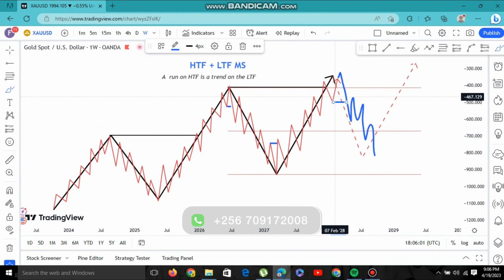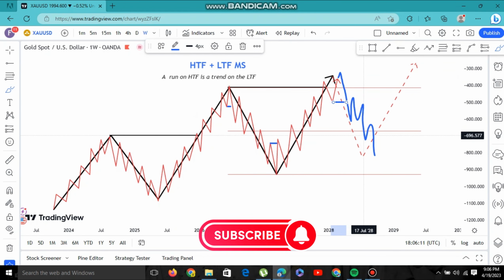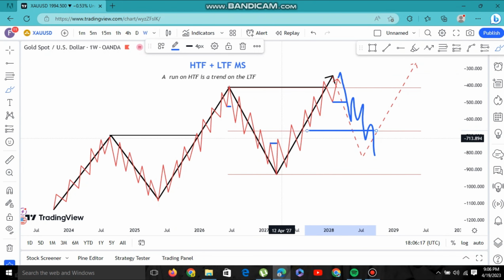Once I see this choke on M15, then I know that the H4 pullback has started, and I'm looking for shorts to run till way down here below the 50% of my Fibonacci. And once I hit the 50% of my Fibonacci, I'm out. That means I'll only be trading this section here, from here to here, looking for sales from here to here. Once I get to my 50%, I'm out.